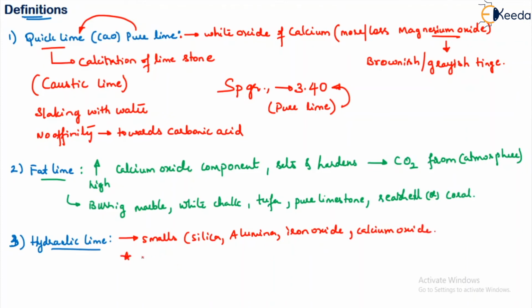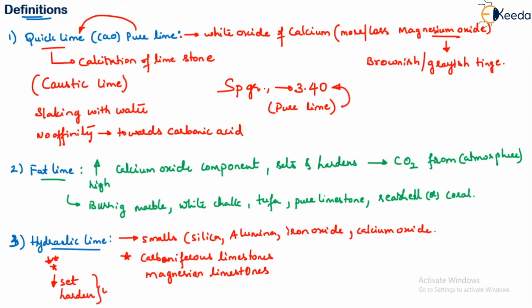Generally, this type of hydraulic lime is obtained from the carboniferous limestones and the magnesious limestones. So the main advantage of the hydraulic lime is that it can set as well as harden underwater. So for underwater construction, this is majorly used.